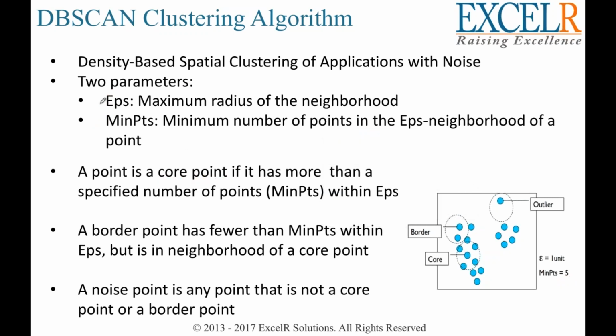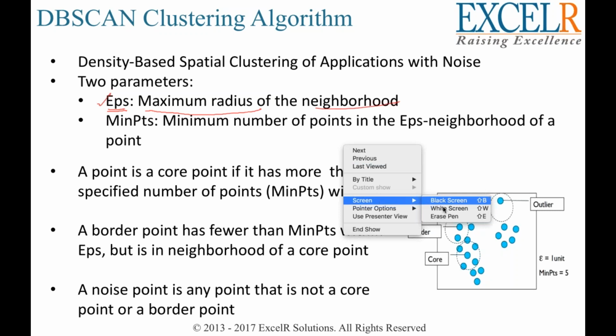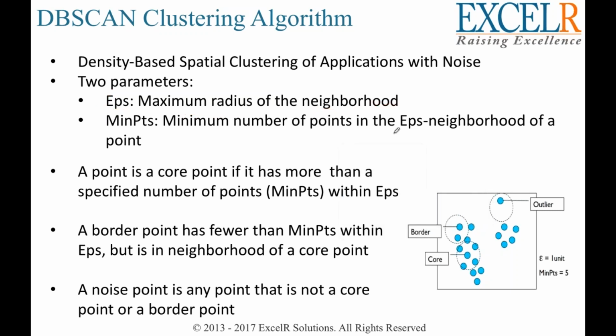In that way, we have a parameter called EPS, and I've already explained EPS: the maximum radius of the neighborhood. Radius, you know, circle, radius. That's EPS here. It's given that name and that notation.